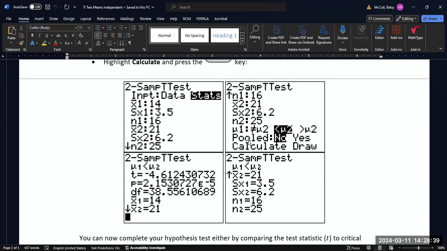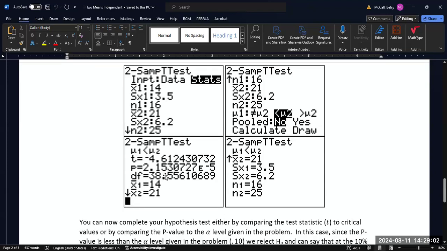And here we can see that the standard deviations are 3.5 and 6.2, which suggests that one of them might be at least twice as big as the other one, not really suggestive of the fact that they're the same. So select pooled equals no, and then finally scroll down to calculate in order to get the output.